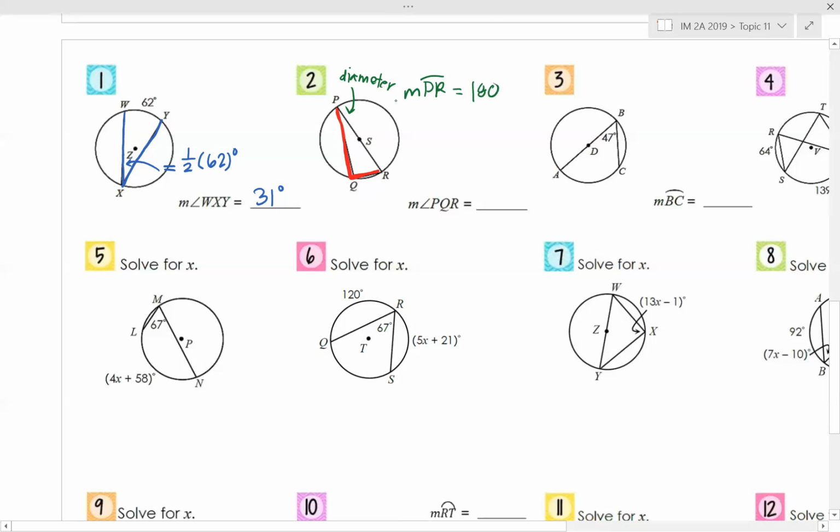Okay, so if I know that this large arc is 180 degrees and my angle PQR is an inscribed angle that opens up to that, that means that's going to be equal to 1/2 of that 180 degrees. So that means the measure of angle PQR must be 90 degrees.